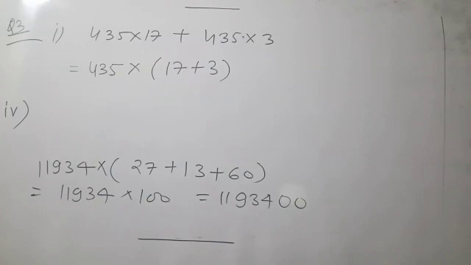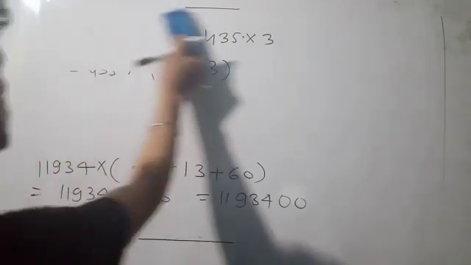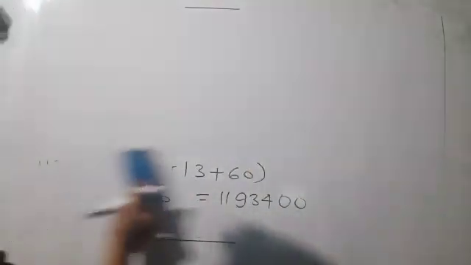Move to question number 4. Using the distributive property of multiplication, find the following product. Again a very simple question, the property of distribution. We have to follow a suitable arrangement so that our multiplication is very easy.